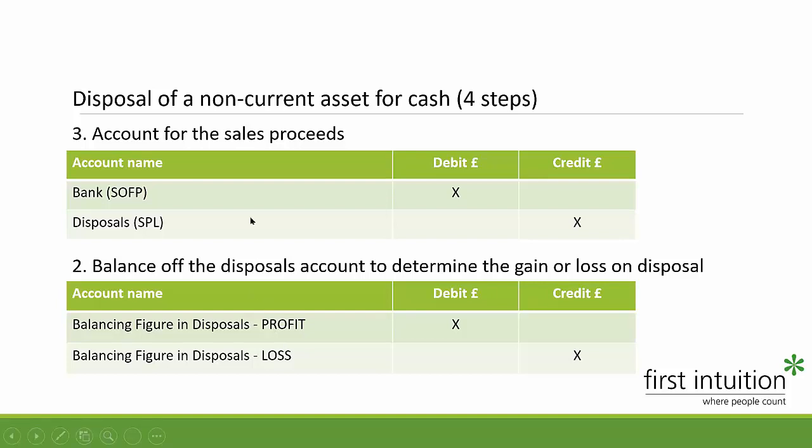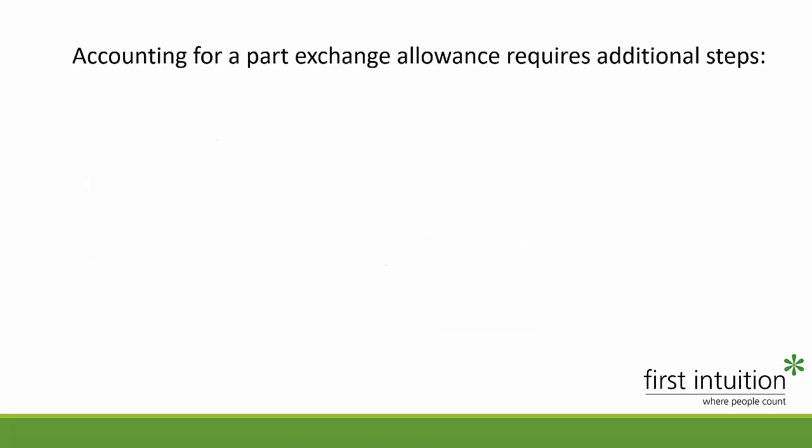Okay, so that is disposals in its easiest form when we don't have to worry about a part exchange allowance. And it's relatively more straightforward than the counterpart, but because this is the AAT and sometimes they like to make it a bit tricky, we also need to consider what happens when we have a part exchange allowance.